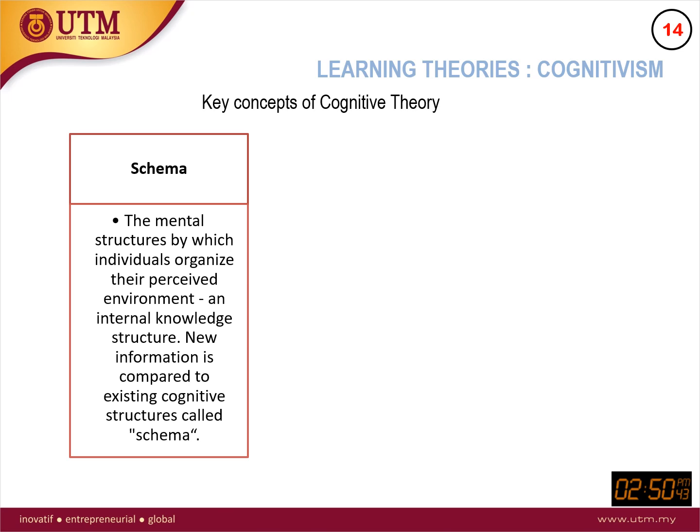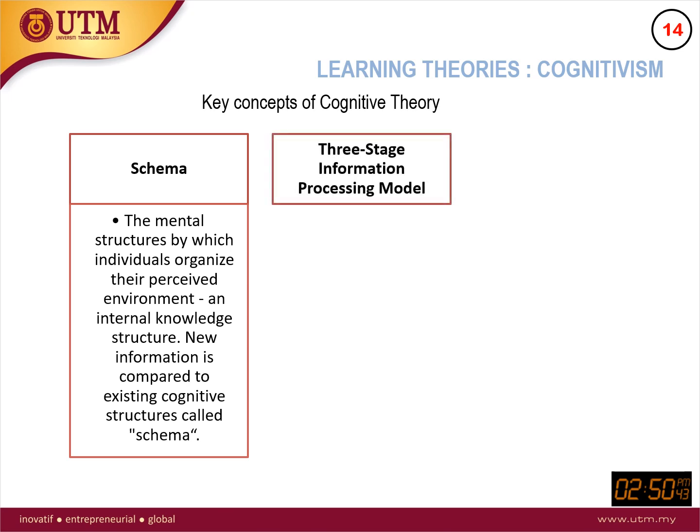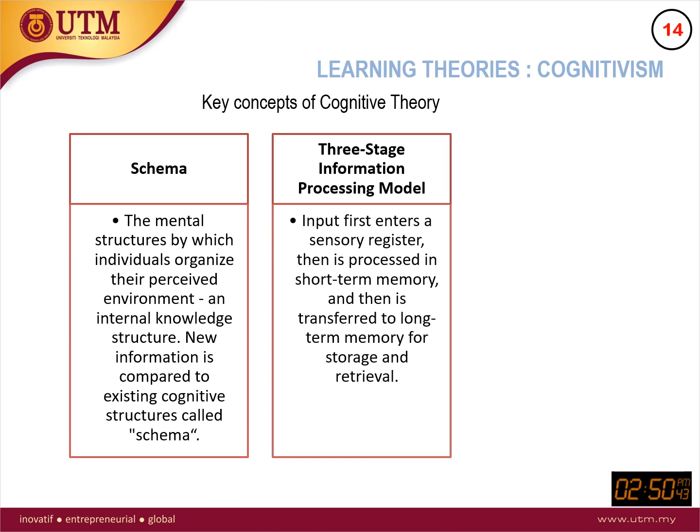Next we have the three-stage information processing model. What do we mean by that? It proposes that our brains are like computers. We get input information from the environment, we process it inside our heads, and then we output decisions. This is what we call three-stage information processing.